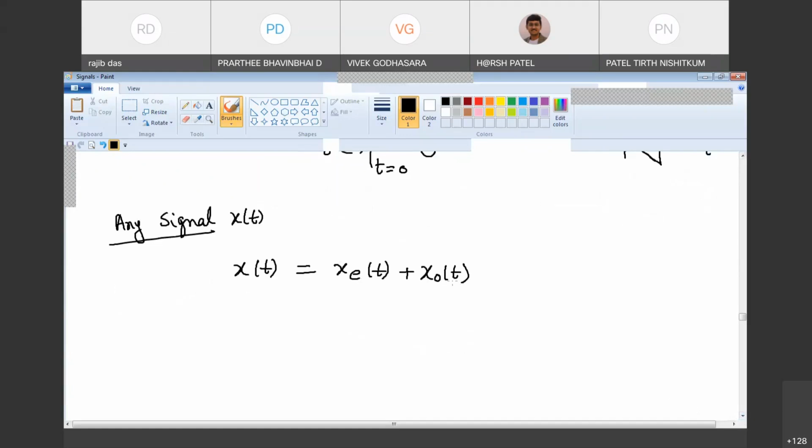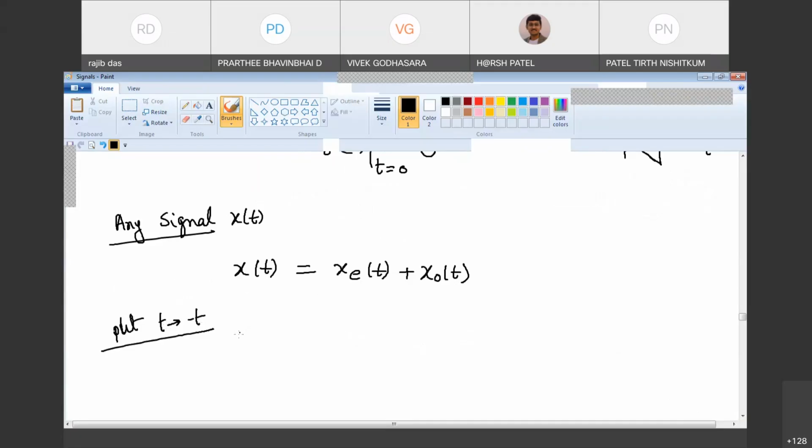Can I find these two components from x(t) only? Is it possible? Okay. Now what we'll do? Now replace t by minus t. Okay.